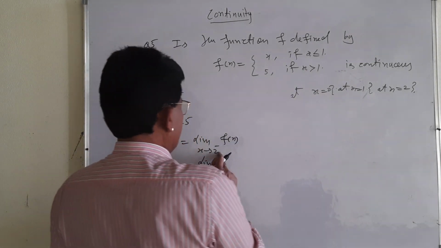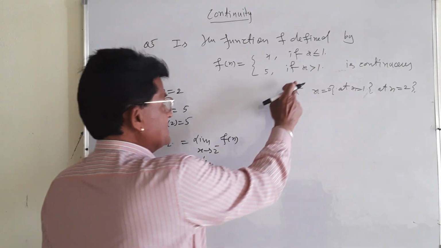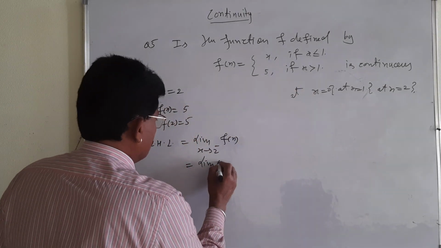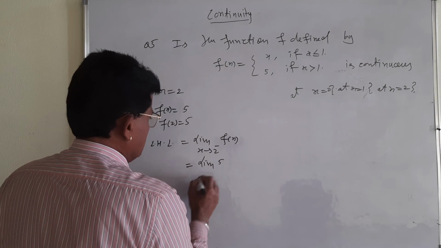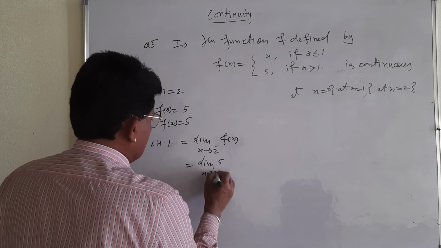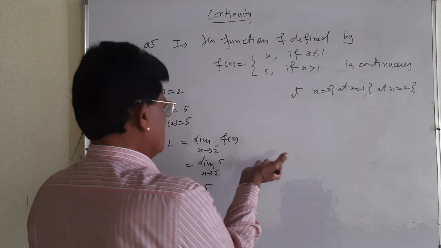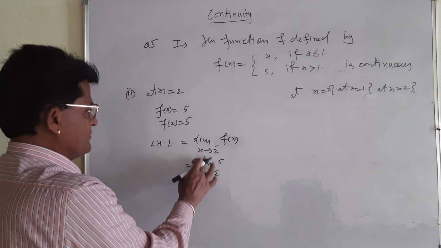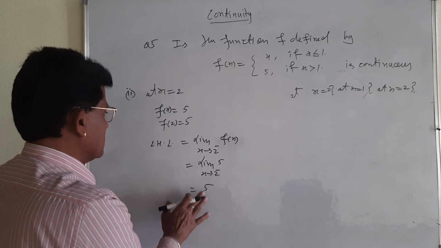It will be only slightly less than 2, right? The left hand limit is greater than 1, its value will be 5. That is why you see the function is 5. The limit will be 5 whether you substitute h or not. If you take x will be equal to 2 minus h, a similar kind of thing. Okay, its value is 5.